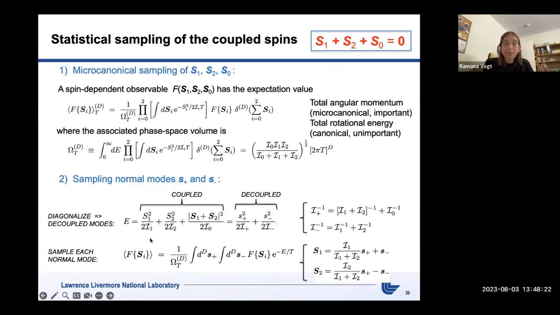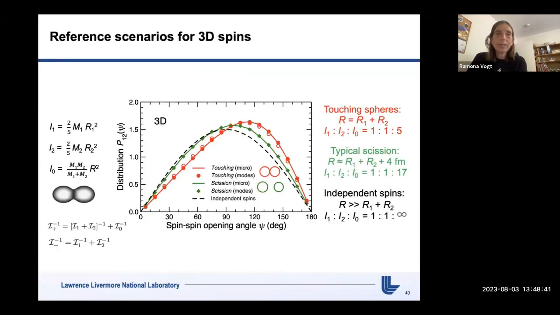But you can sample from each of the normal modes, which is what is being done in this calculation. But you have a different phase space volume depending on whether you take into account the fission axis or not. It's basically where it's going to go.